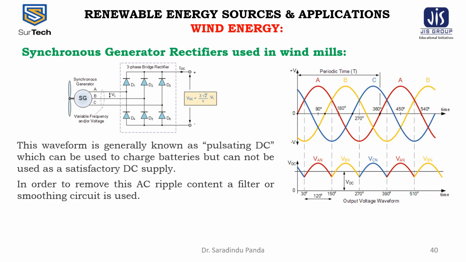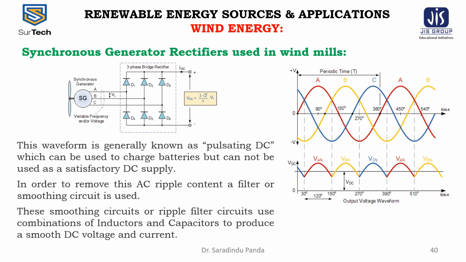In order to remove this AC ripple content, a filter or smoothing circuit is used. These smoothing circuits or ripple filter circuits use combinations of inductors and capacitors to produce a smooth DC voltage and current.